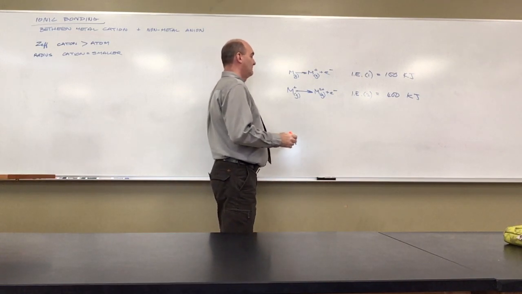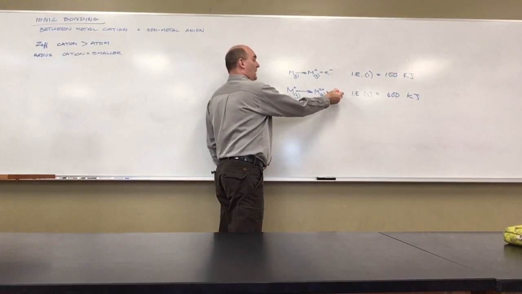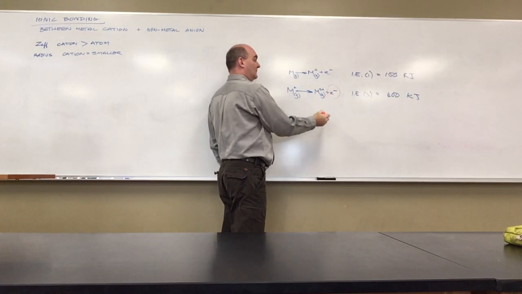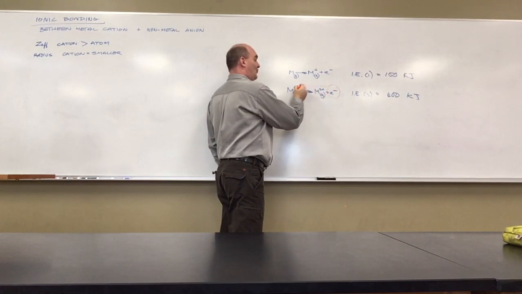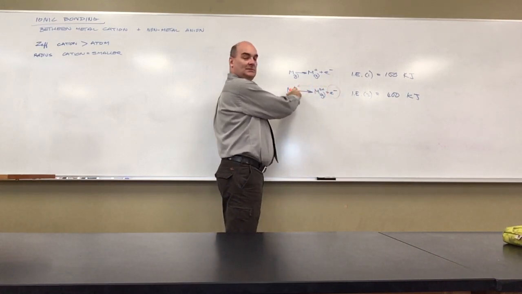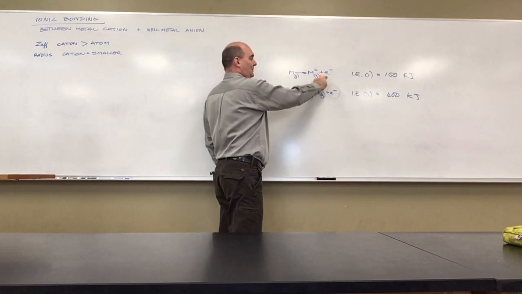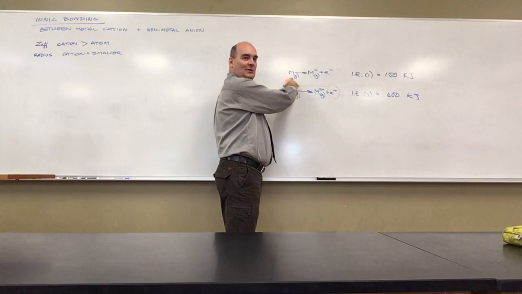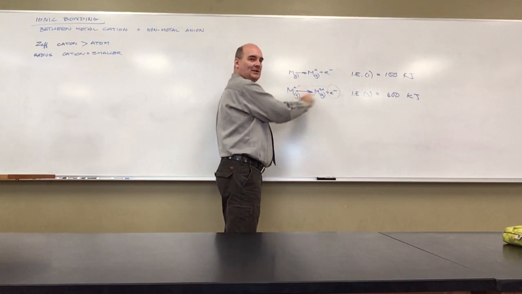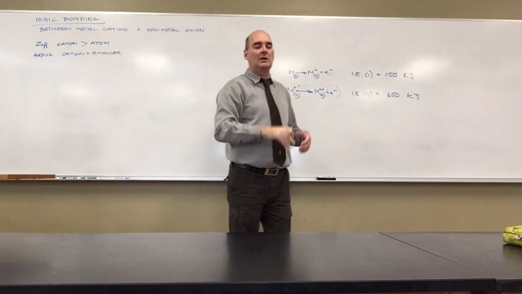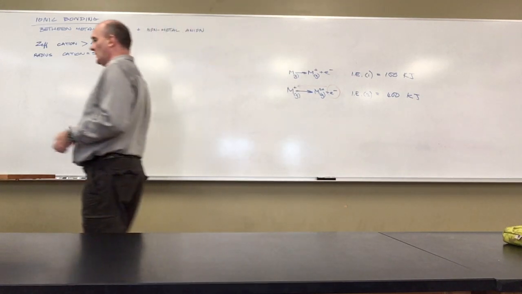Because there's less shielding. And this electron is attracted to the nucleus of this atom. But now I'm separating a plus from a minus, and that additional electron makes it harder to do.